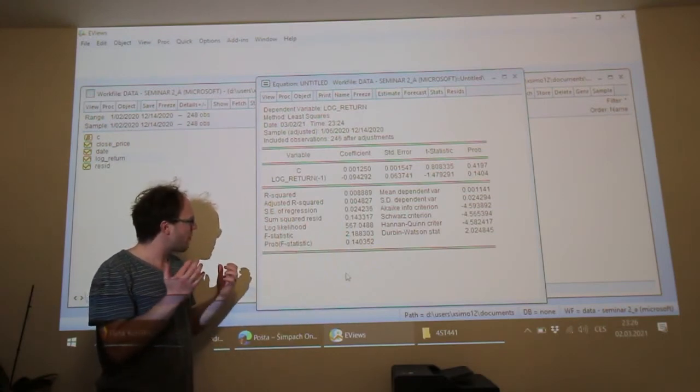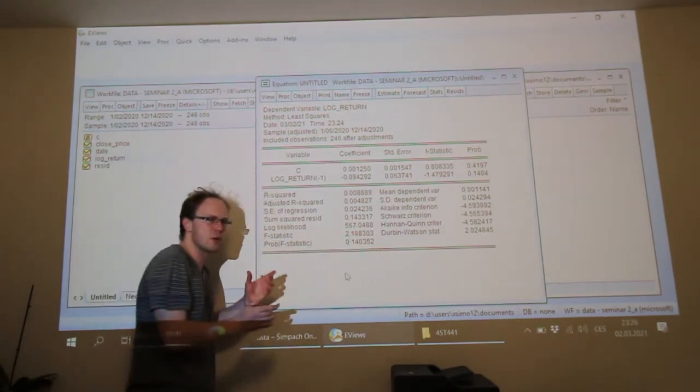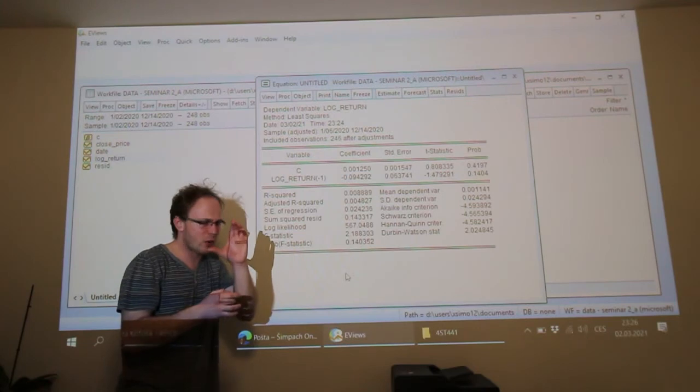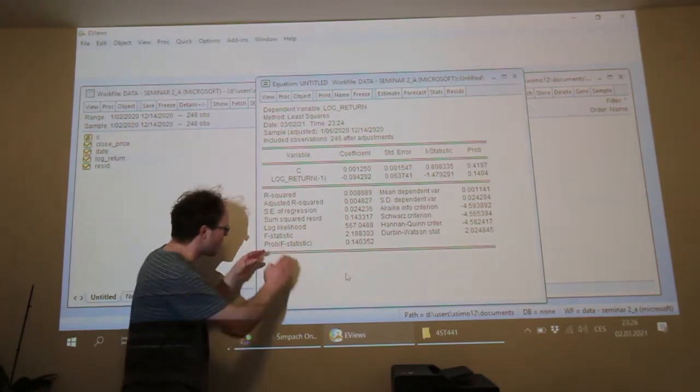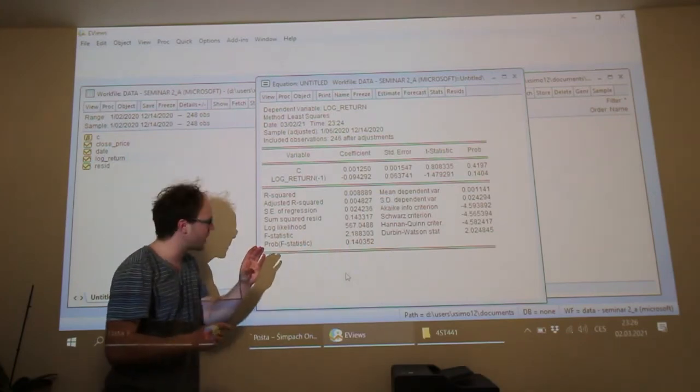It's not necessary to compare this F statistic with the critical quantile, the critical value from the tables, because we have here the p-value, the probability for the F statistic.